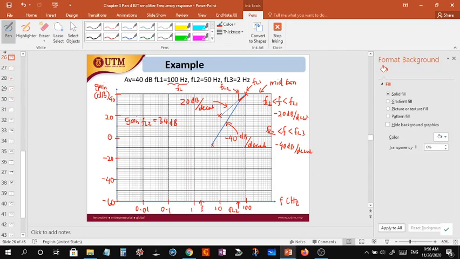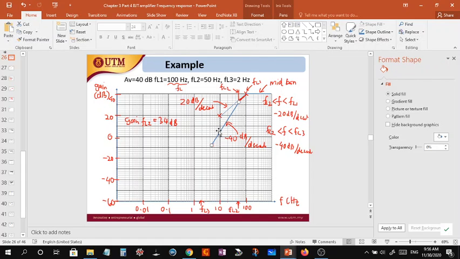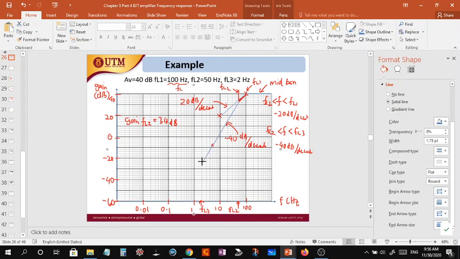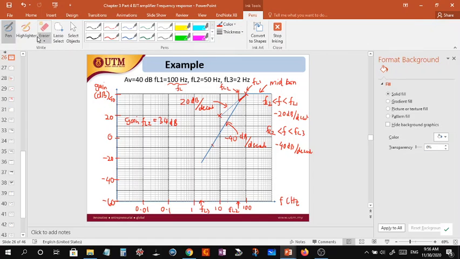So this is our FL3. So what you need to do is extrapolate this straight line until it reaches FL3. Okay, so the line for the next region is from this along until this line. Okay, so this is our FL3.